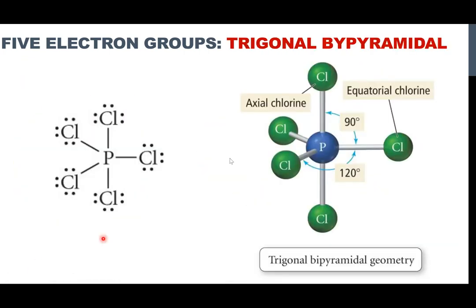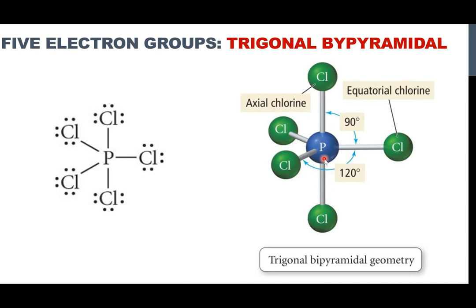When we have these expanded octets, the lone pairs are going to go in a specific place. So we need to talk about where these atoms are so we can talk about where the electrons are going to go. These atoms here along this central plane are called equatorial.